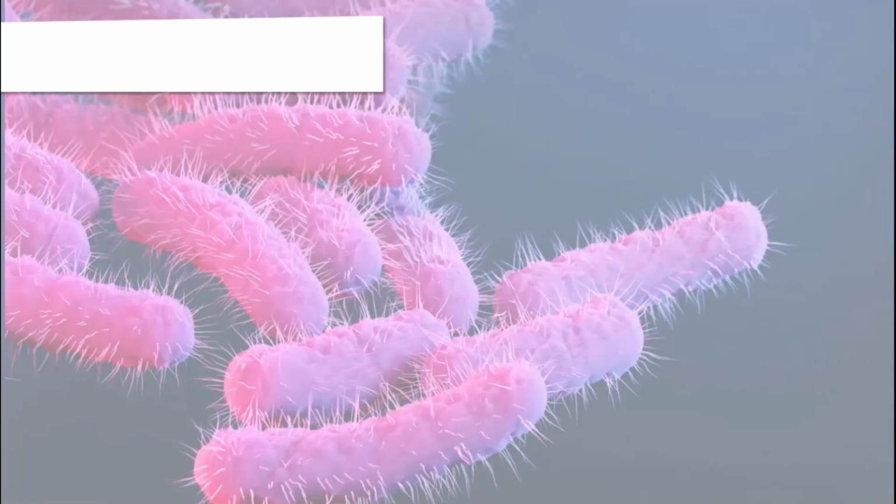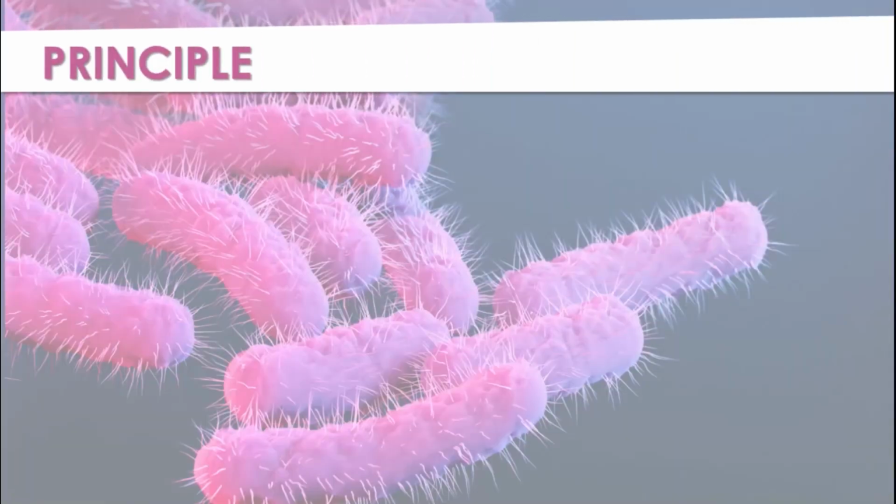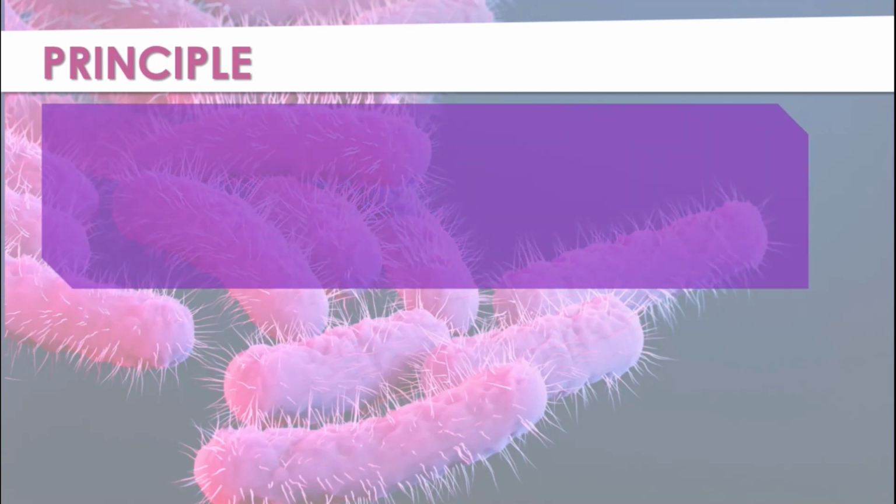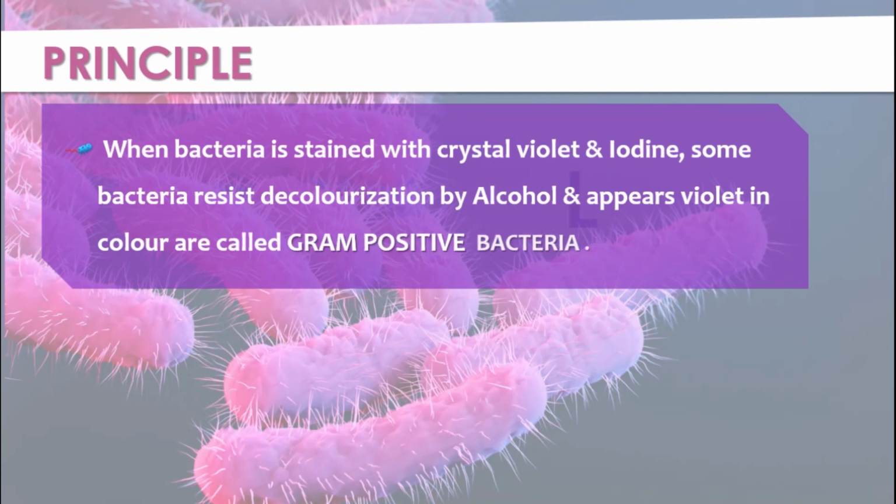Now we'll see the principle behind the gram staining technique. Firstly, when the bacterial smear is stained with crystal violet and iodine, all bacteria will get stained, but there are some bacteria which will resist the decolorization by alcohol in the decolorization step, and they will appear violet in color, and these are referred to as gram positive bacteria.